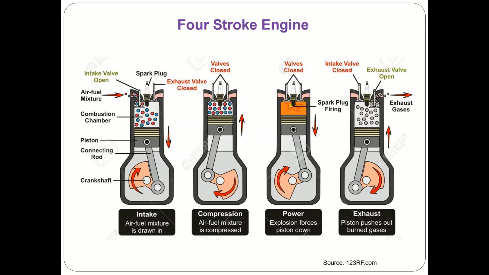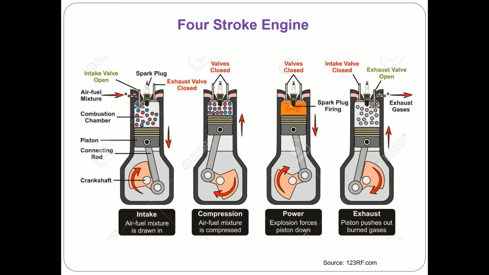Now when we get the power stroke, obviously there is continuous reduction in the pressure. When piston is at the top dead center and combustion is obtained, the pressure is very high, and when piston reaches the bottom dead center, the pressure is about 2 to 3 bar above atmosphere.